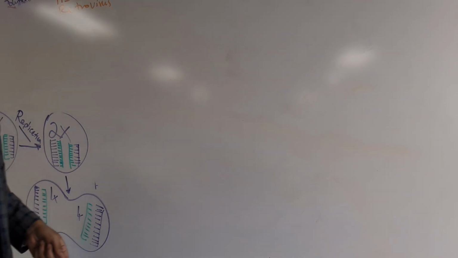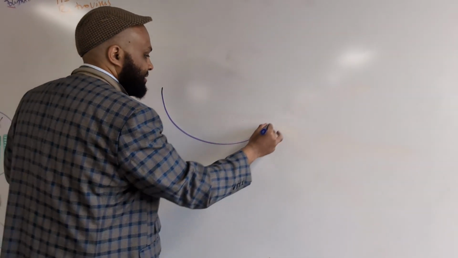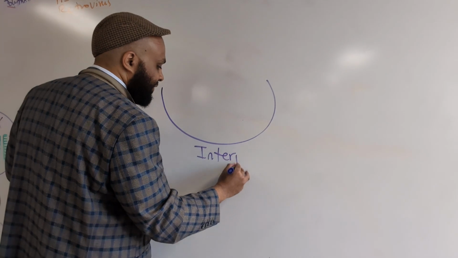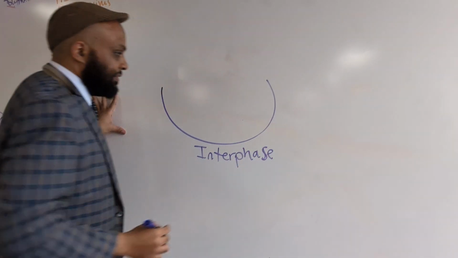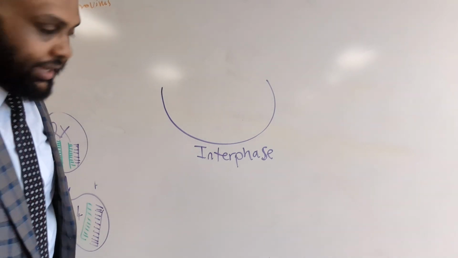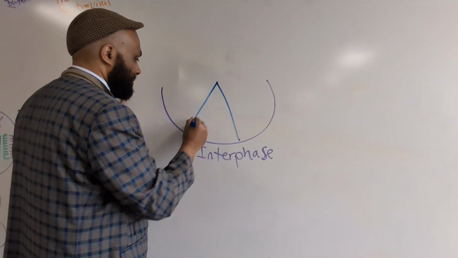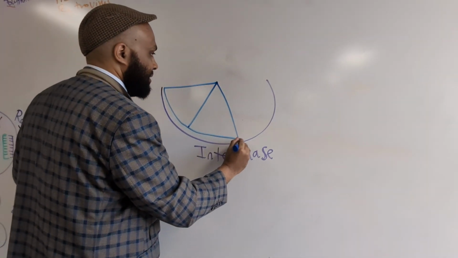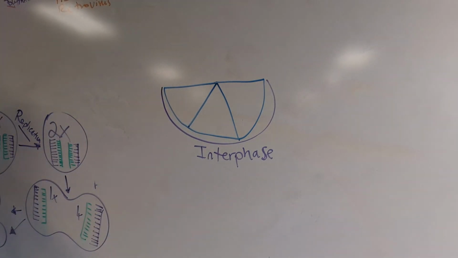So in my cell cycle, I have two phases. The first phase is known as interphase. Interphase is divided into three stages.